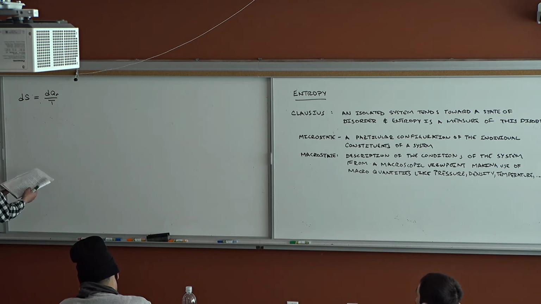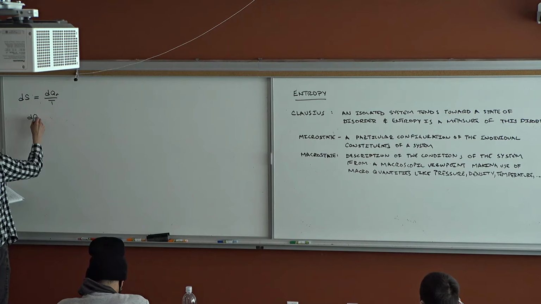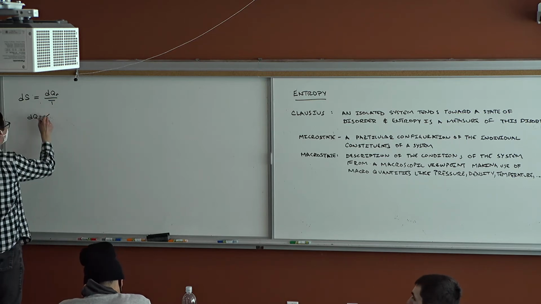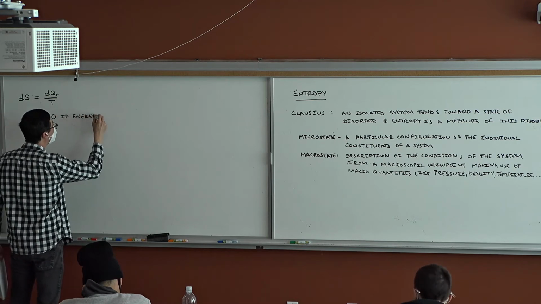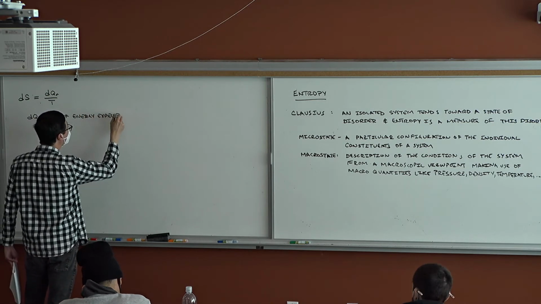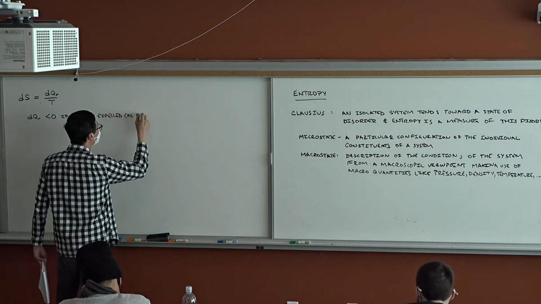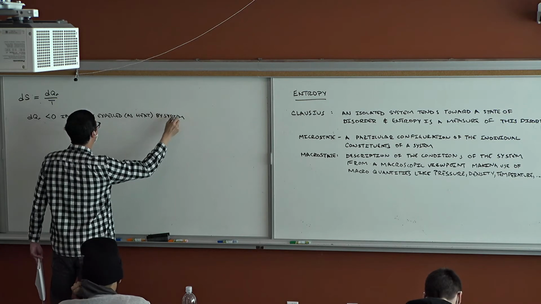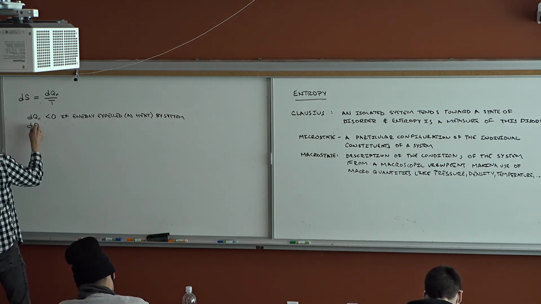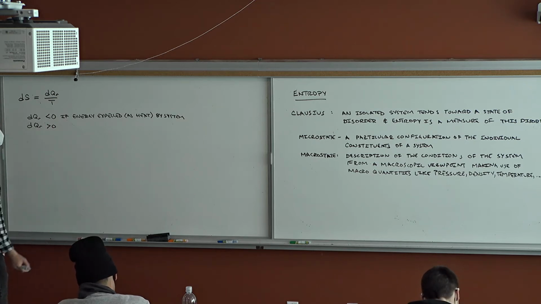And so we'll say that dQ_R is less than 0 if energy is expelled by the system as heat. And dQ_R is greater than 0 if energy enters the system.